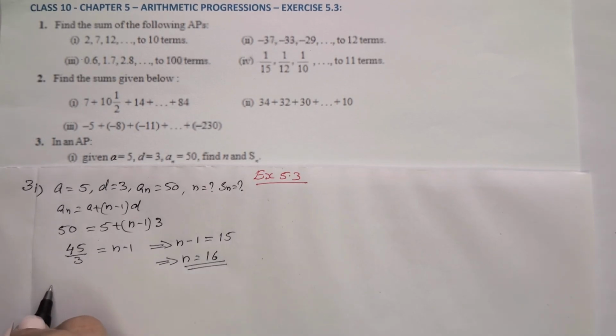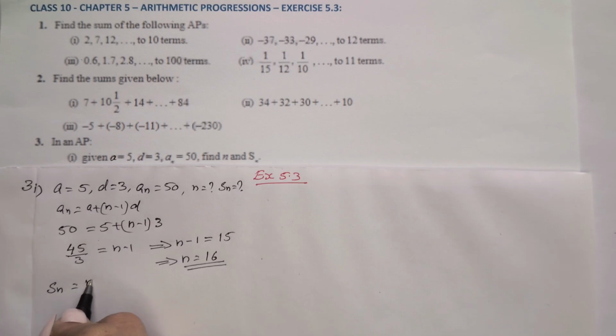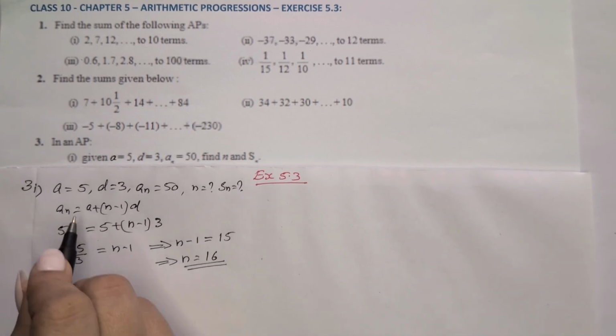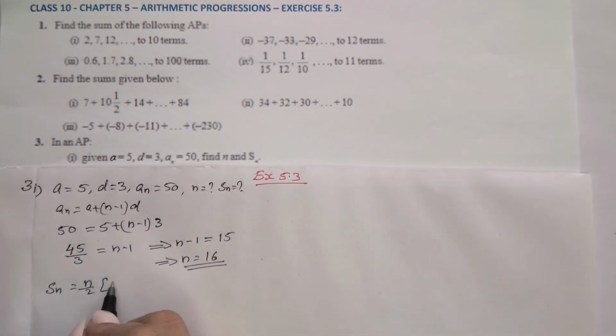Then Sn. For that, Sn is equal to n by 2 into the first term and last term, so a plus an.